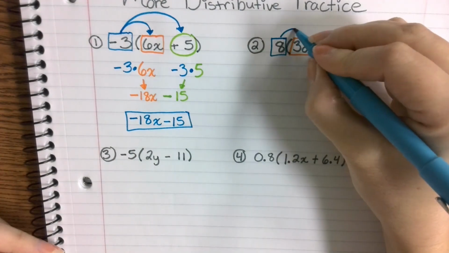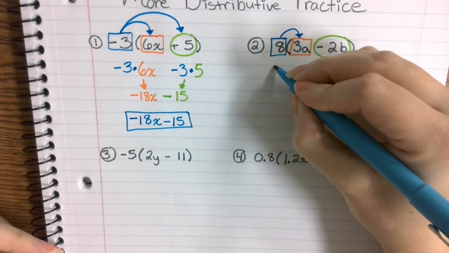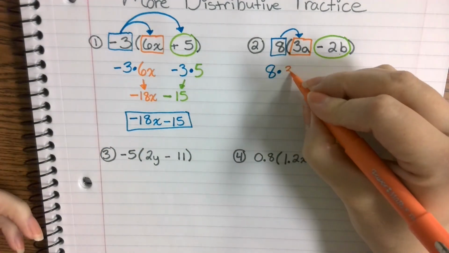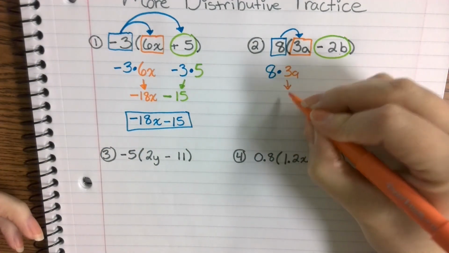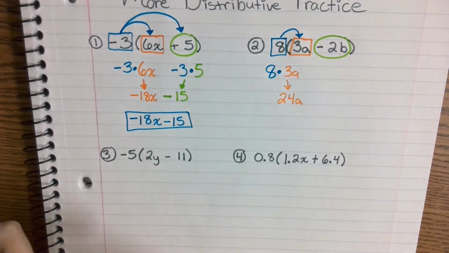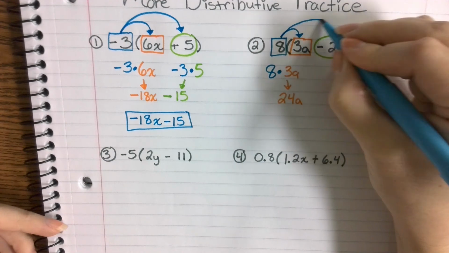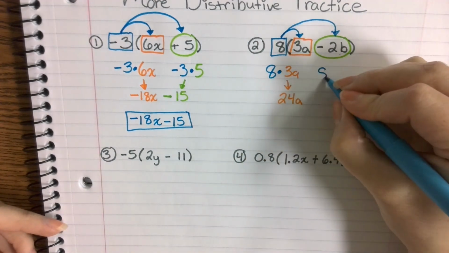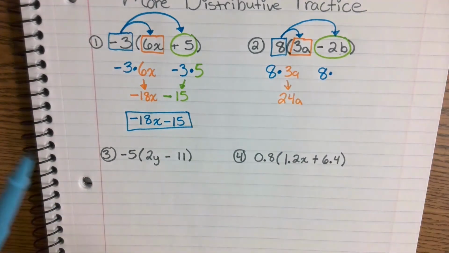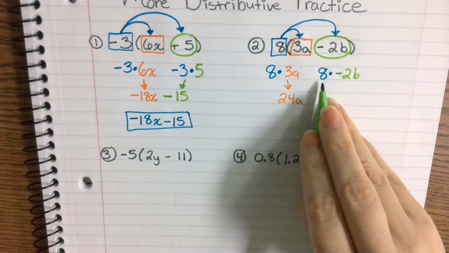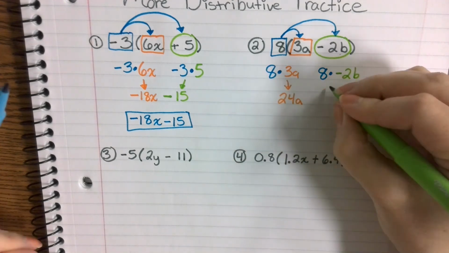So we're going to multiply 8 times the 3a. 8 times the 3a is going to give us a positive 24a. Then we're going to multiply the 8 to the negative 2b. So we're going to do 8 times negative 2b. A positive times a negative is going to give you a negative.